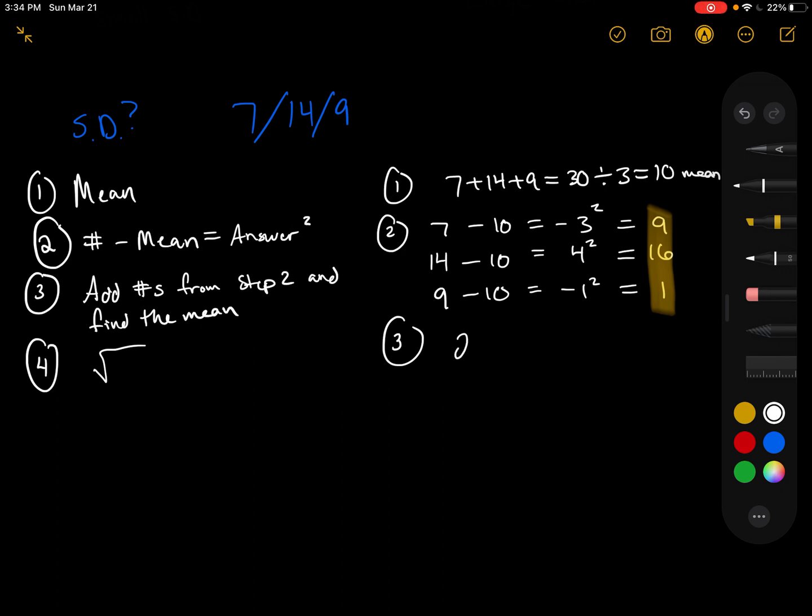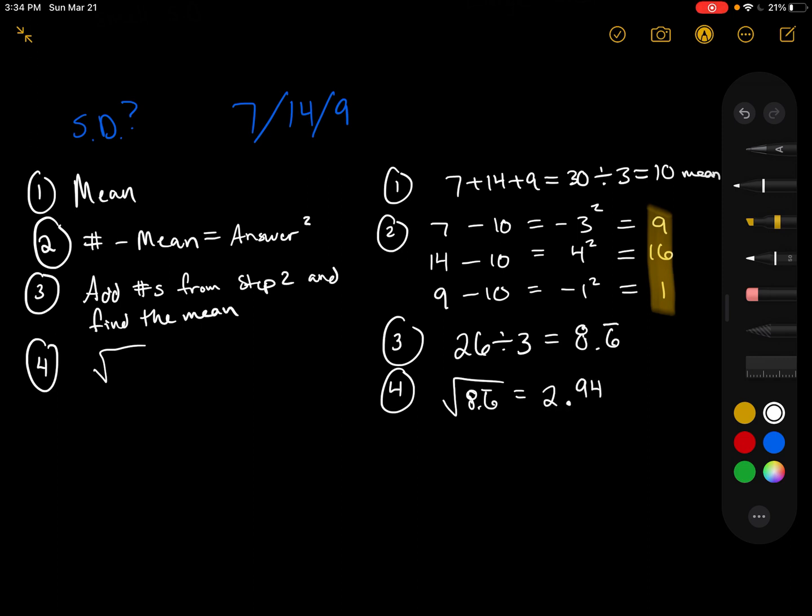Step 3: out of all of these numbers right there, we are going to take them and add them. So there we get an answer of 26, and we need the mean. So we're going to divide 26 by 3. When we do that, we're going to get like 8 2/3 as our answer, or 8.6 repeating. Our last step is to take that 8.6 and take the root of it. And try to avoid rounding as much as possible here.